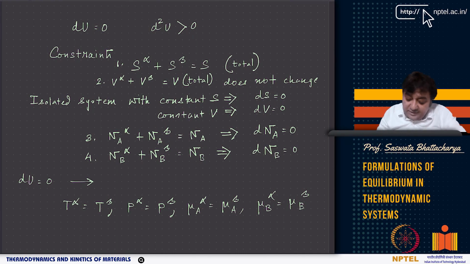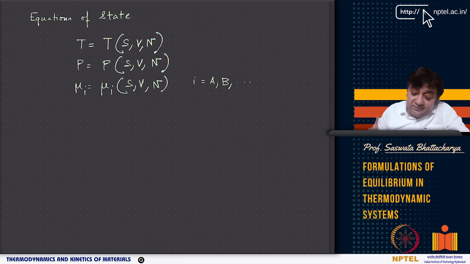Now, when I do du equal to 0, I can show that T alpha equals T beta, P alpha equals P beta, mu A alpha equals mu A beta, and mu B alpha equals mu B beta. So whether you are doing an extremization of entropy or extremization of energy, both are equivalent.